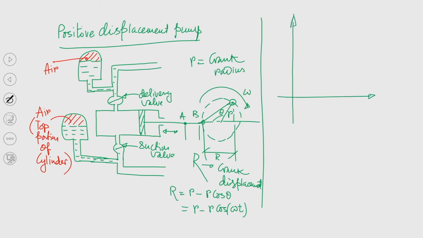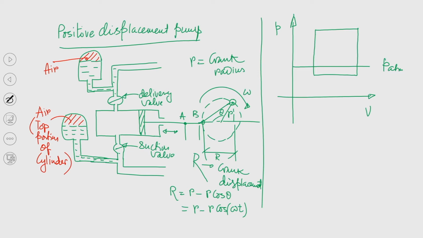this is pressure P and this is volume. If this is the atmospheric pressure, P atmospheric, then what we have seen is the simplified diagram, and we have discussed that the simplified diagram does not take into account two important effects.